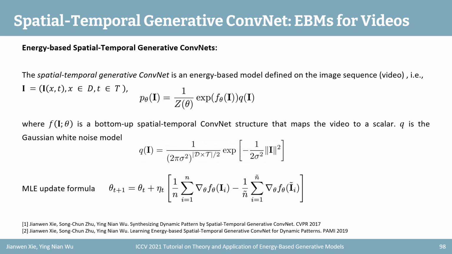The model is in the form of exponential tilting of a Gaussian reference distribution and trained by analysis by synthesis. Langevin Dynamics is used to draw samples from the distribution. I will show that later. Different designs of the function f in the model can represent different types of video patterns.